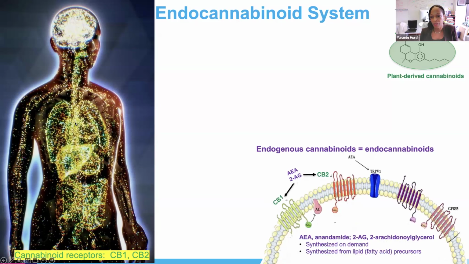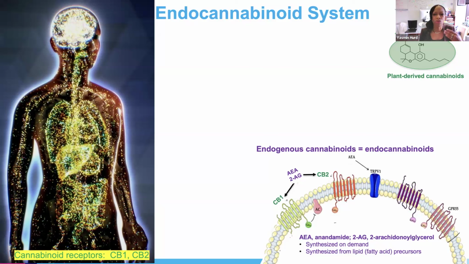Instead, these cannabinoid receptors are there to mediate the actions of our endogenous cannabinoid ligands. There are two main cannabinoid ligands that are studied a lot now, anandamide and 2-arachidonoyl glycerol, AEA and 2-AG for short. And these cannabinoids are actually synthesized when they're needed. They're synthesized on demand, and they're synthesized from these lipid fatty acid precursors.